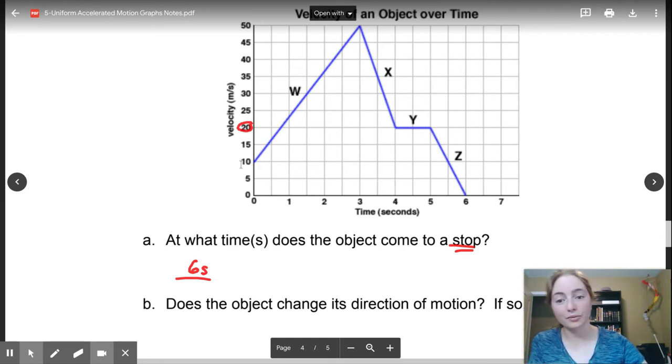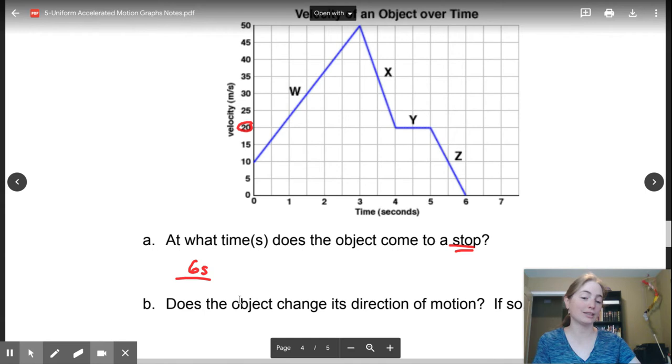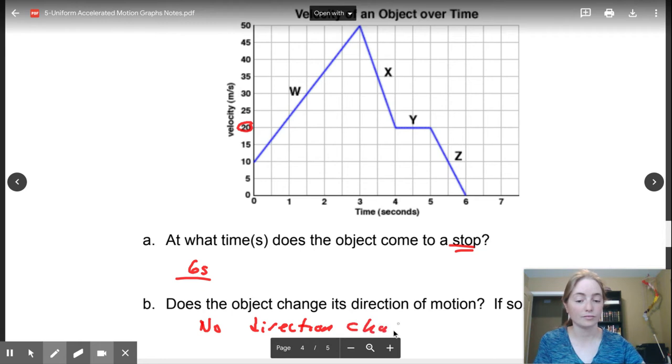Here, our velocity is increasing, and now our velocity is decreasing. When you have decreasing velocity, that means you're slowing down. That doesn't mean you're going backwards. When you have a negative velocity, that is going in the opposite direction. So this guy has no direction change, because he doesn't cross that x-axis.